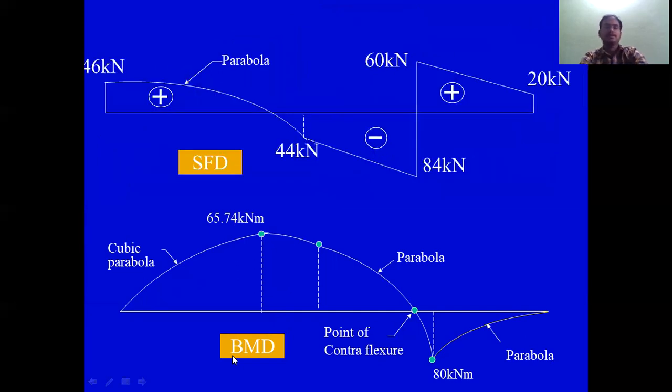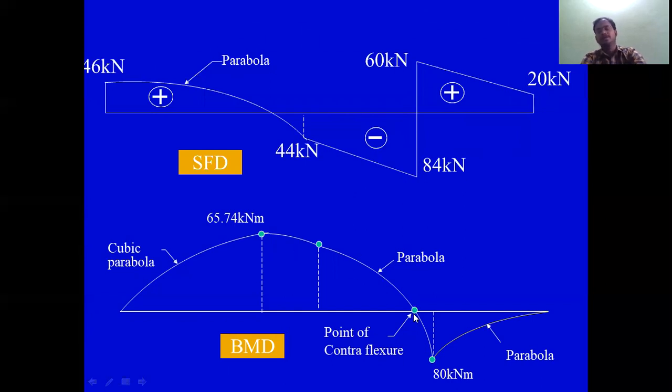Now coming to the analysis of these two, the shear force diagram and bending moment diagram. At the point where shear force is 0, we get the maximum bending moment. So we should call this point the maximum bending moment point, or zero shear force point. And this is the point of contraflexure.